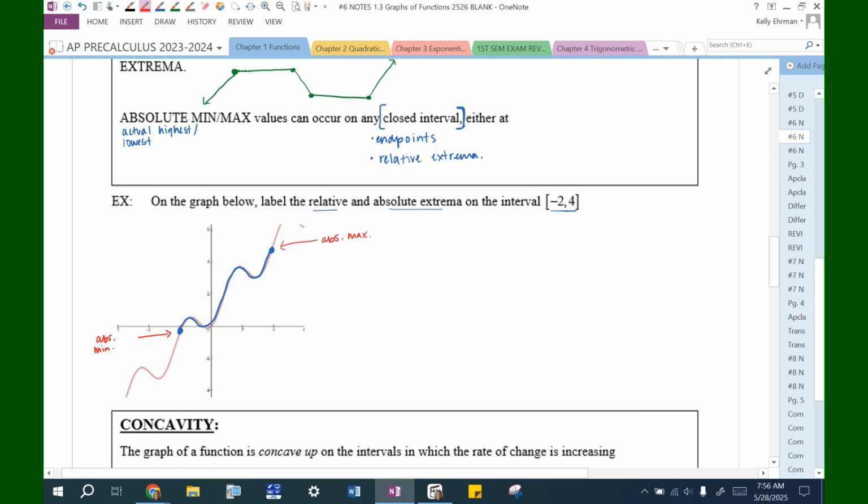We do have multiple relative max and relative min points though. So anywhere the graph changes from increasing to decreasing, which is here and about here, those 2 points are both relative or local max points. And then this point where we change from decreasing to increasing, and same thing here, both of those are relative min.